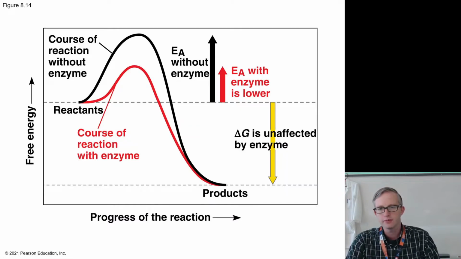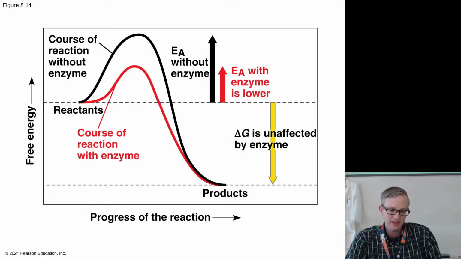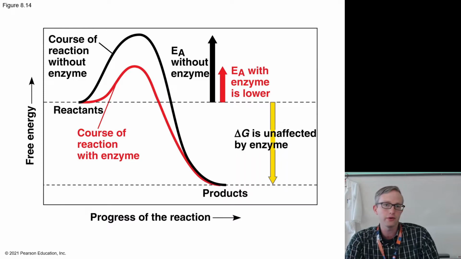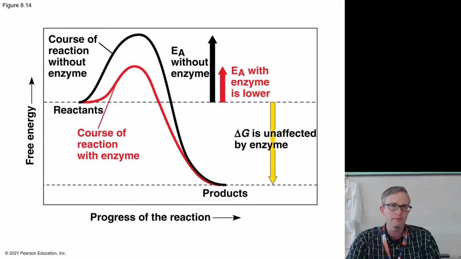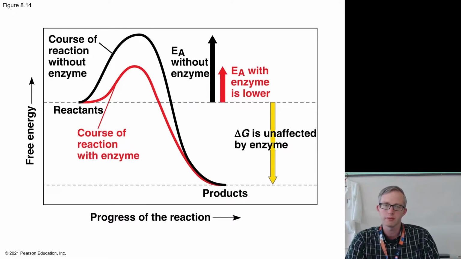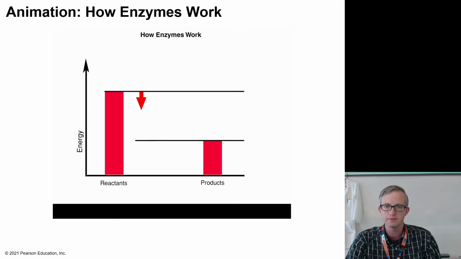And so enzymes are capable of accomplishing this such that the activation energy needed to make the chemical reaction happen is within the bounds of the energy that's available based off of the body temperature of an organism plus any nearby ATP or other molecules that might be playing a role in the chemical reaction.